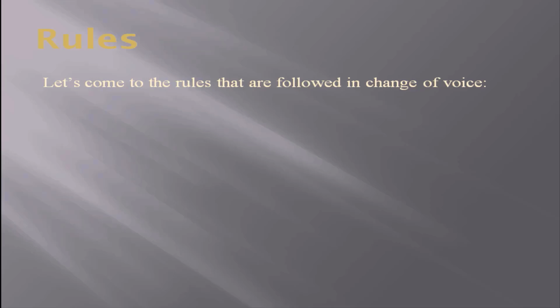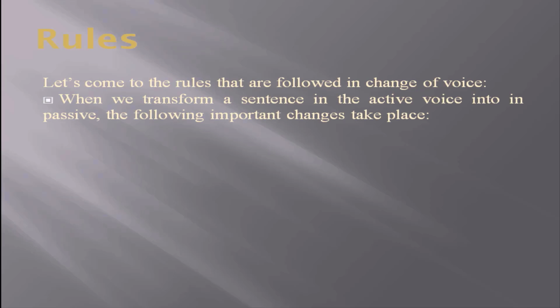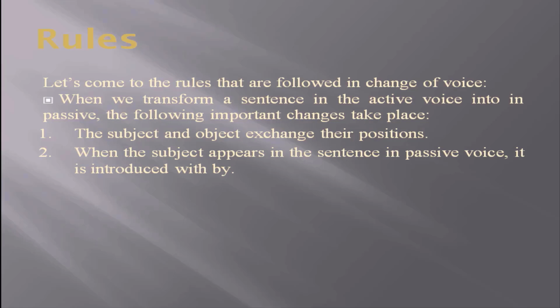Let's come to the rules that are followed in change of voice. When we transform a sentence in the active voice into passive voice, the following important changes take place. Number 1. Subject and object exchange their positions. Number 2. When the subject appears in the sentence in passive voice, it is introduced with by.